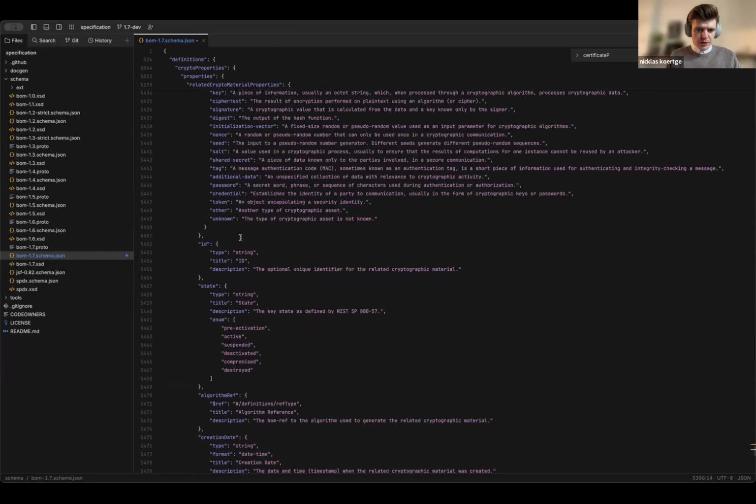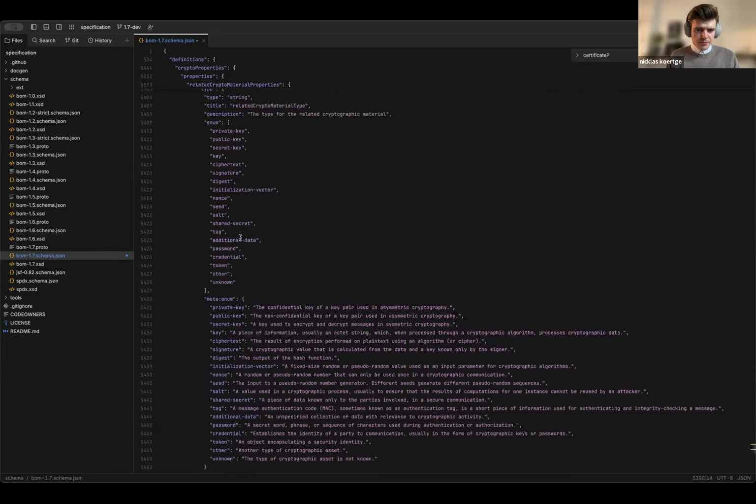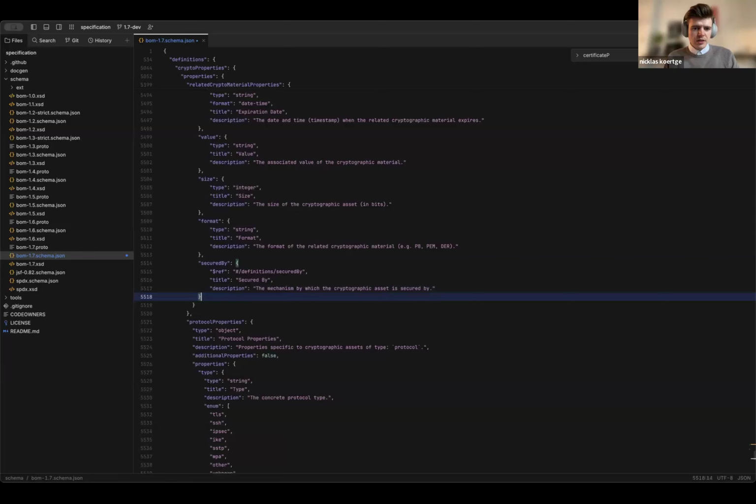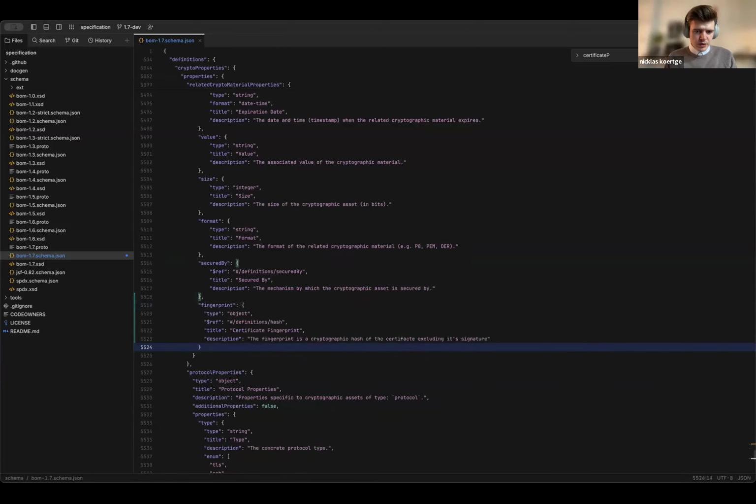Okay. So then we do have here the related crypto material, and there we can add also fingerprint. I think fingerprint here is fine. So should I just add it for the cryptographic asset?